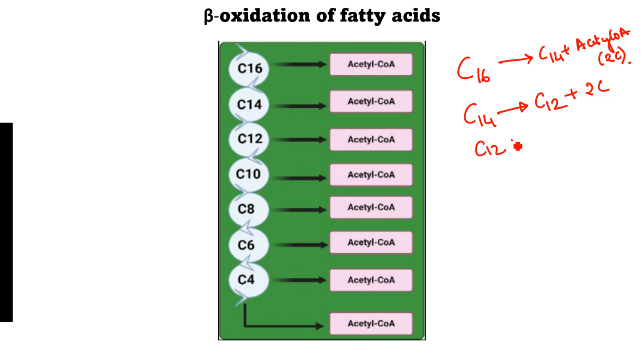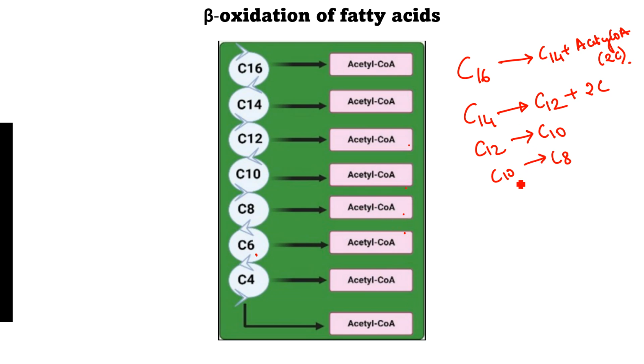Then C12 will be converted into C10, then C10 into C8, then C8 into C6, and C6 into C4. So how many acetyl CoA molecules are you getting from a 16 carbon fatty acid? 3, 4, 5, 6, 7, 8.